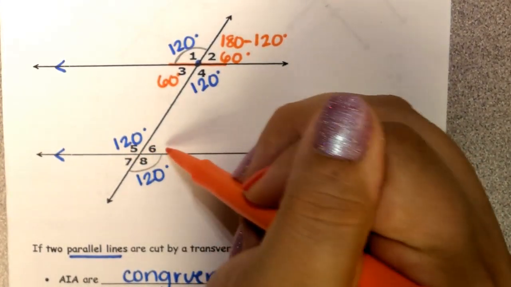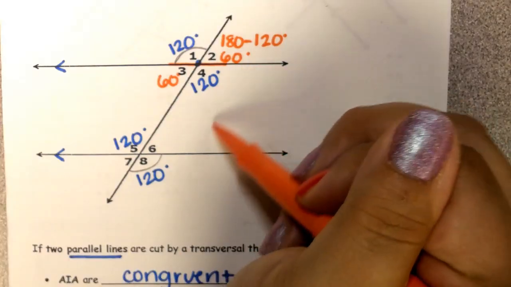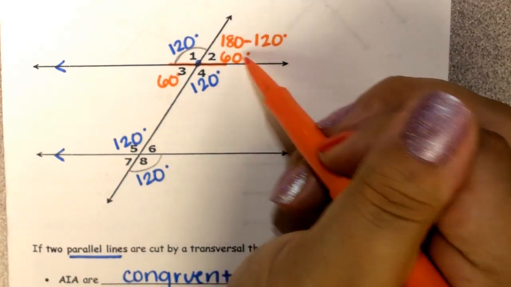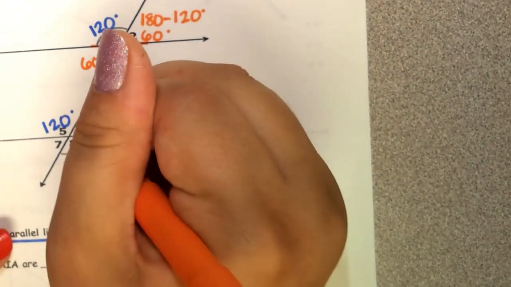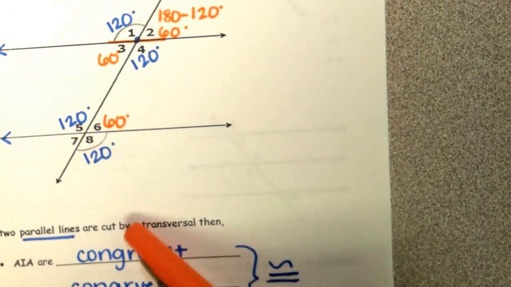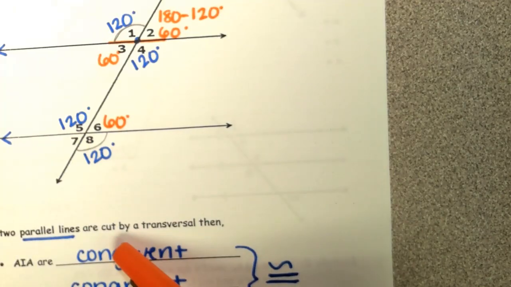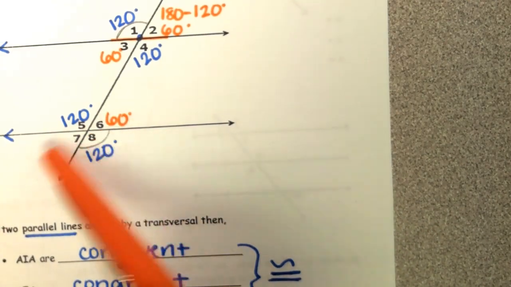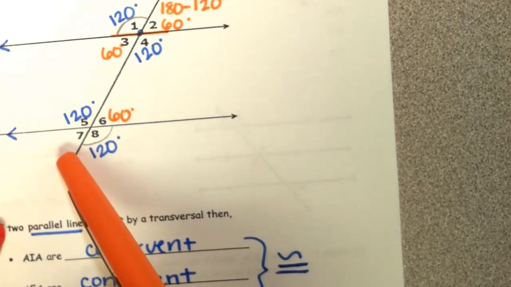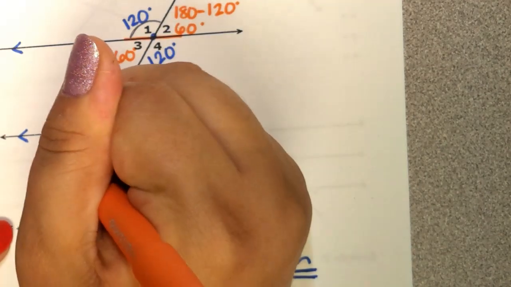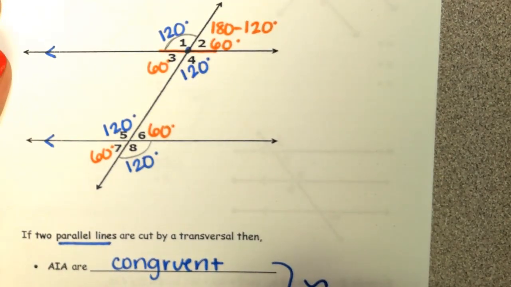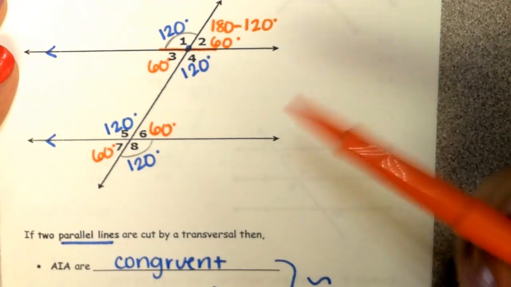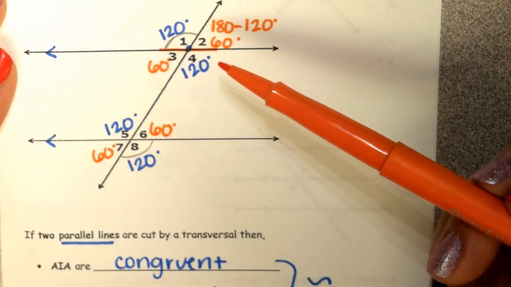You could either subtract from 120, or what are 2 and 6? They're corresponding. And what did we just learn about corresponding angles? They're congruent. So if lines are parallel and they're in the same position, they're congruent. And then if 6 is 60, oh my goodness, what is 7? 40. I know, I did that on purpose. It's 70. Okay.